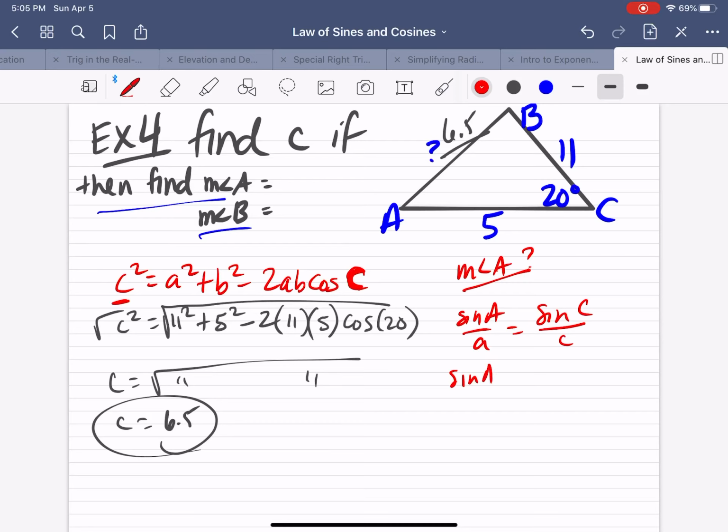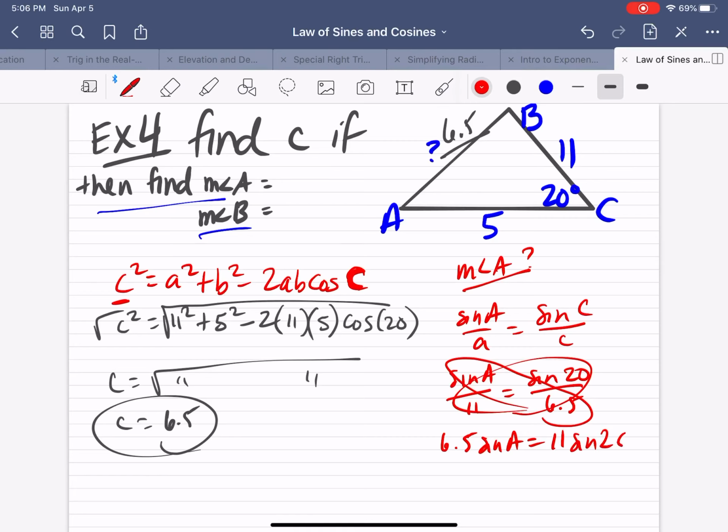Sine of angle A, we don't know A, but we do know its side, 11. Angle C is 20 over side C, which is 6.5. We just found that out. So go ahead and do cross multiplication. Solve for angle A, so divide both sides by 6.5.